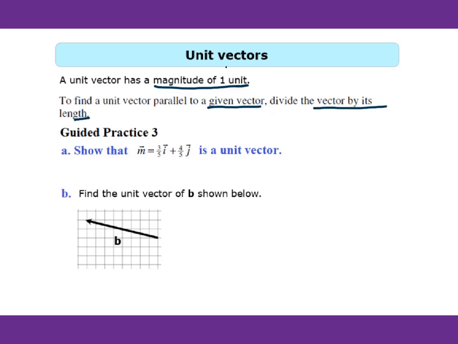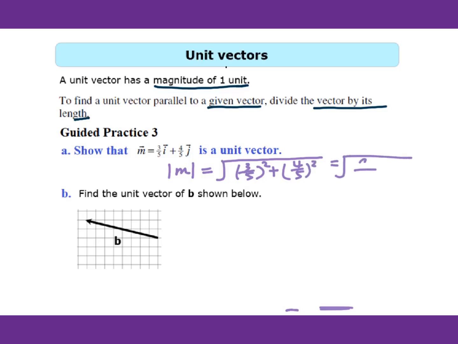Show that vector m equals (3/5, 4/5) is a unit vector. So we need to figure out the magnitude of this m. You will get (3/5) squared plus (4/5) squared. Simplify, we get 9 over 25 plus 16 over 25.